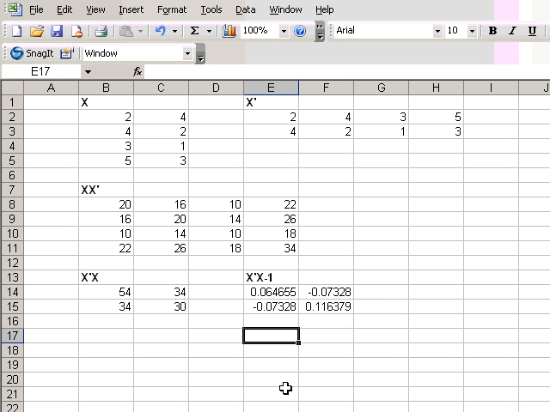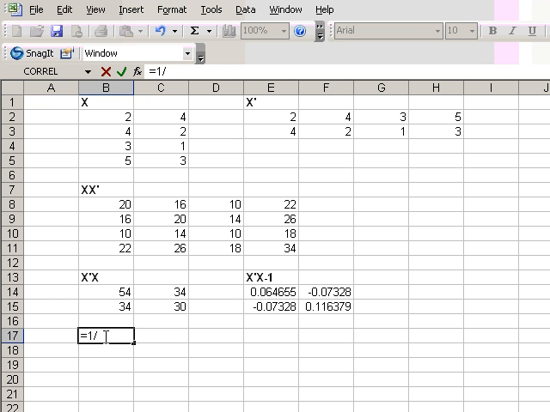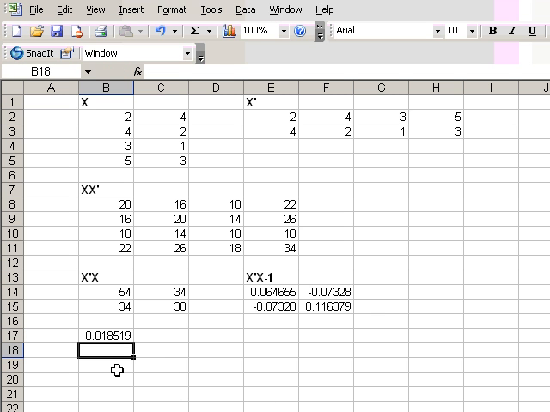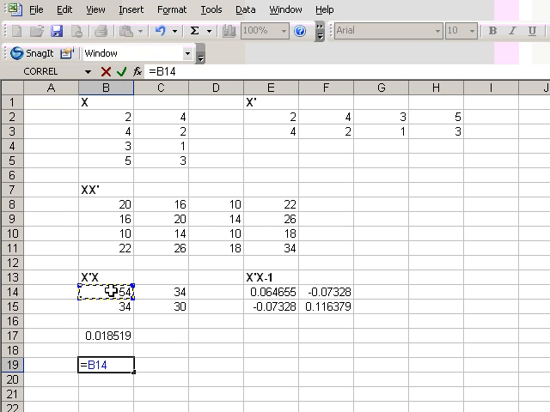If we were working only with scalars, if we took the value 54 and multiplied it times 1 divided by 54, the result would be 1.